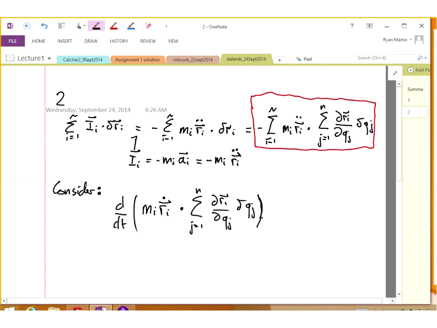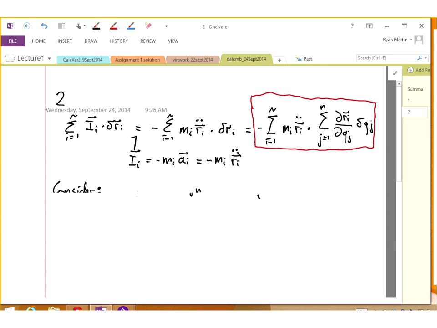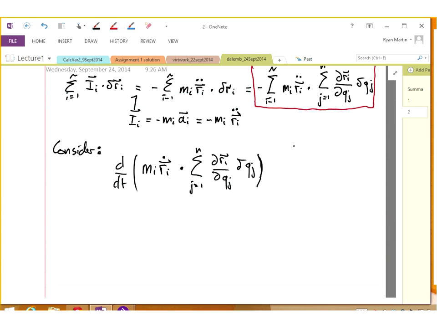So we just use the product rule for derivatives here. The r_i are functions of t, and the q_j's are functions of t. The m's don't depend on t.